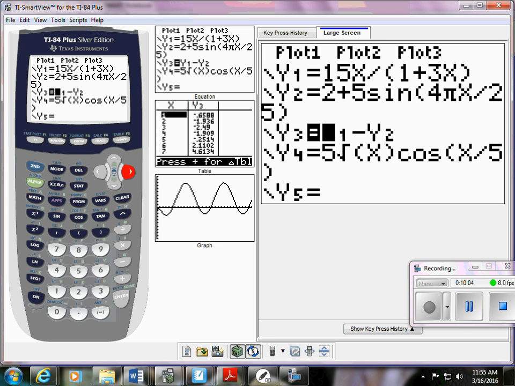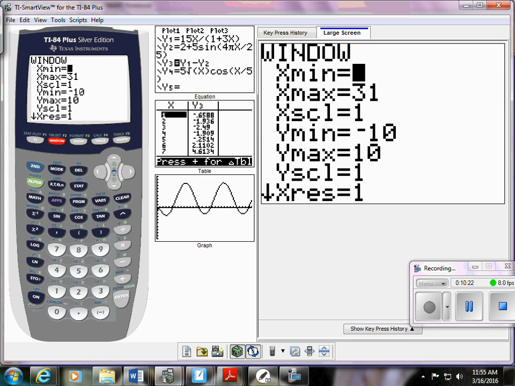And the big thing with these AP problems, you always want to make sure you set your X min and your X max. So I want to set my x min to 0, my x max to 6, because some of these trig functions are going to confuse you if you look at it over the graphing domain. So I'm going to go to window from 0 to 6. Now as far as the y's go, you can fix that with a zoom fit, or you can look at it first.